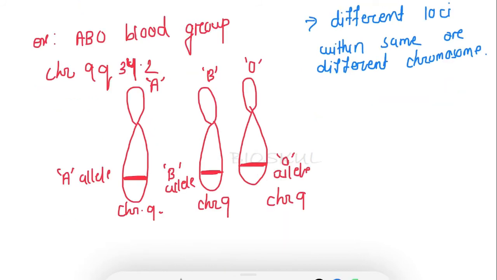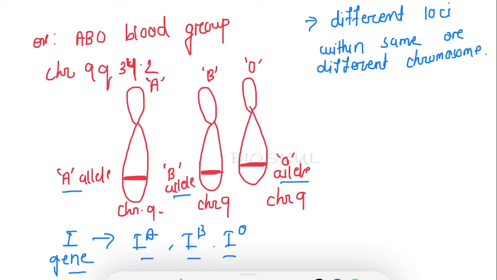So the ABO gene in a population is designated by I. How many alleles are present? For this gene in a population, 3 different alleles are present: IA, IB and IO. And these alleles occupy the same loci on the chromosome.